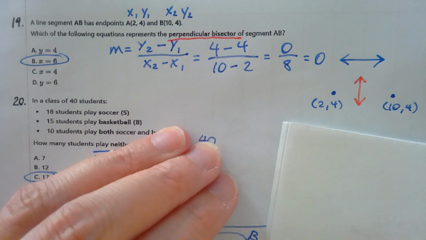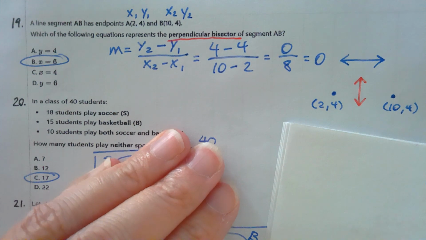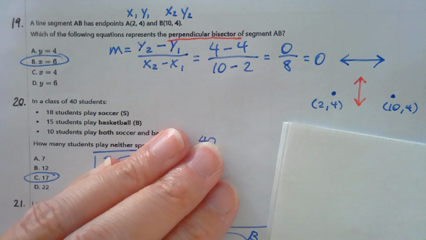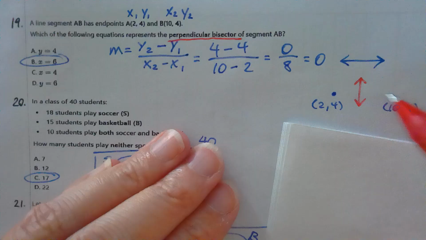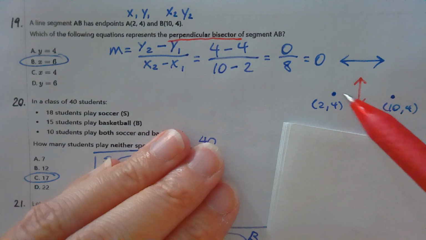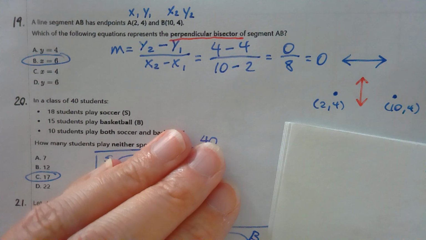For a vertical line it's x equals, for a horizontal line it's y equals. Why is it 6? It's the middle between 2 and 10, the average. How do you calculate the mean of 2 and 10? Add and divide. 2 plus 10 is 12, 12 divided by 2 is 6.